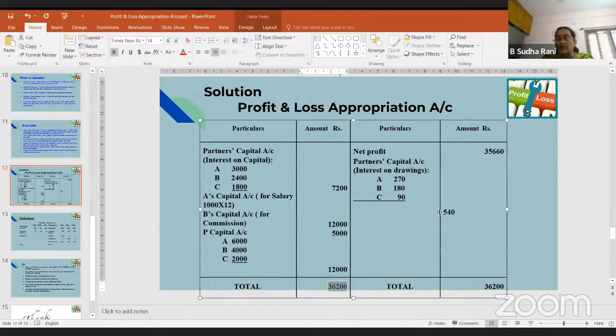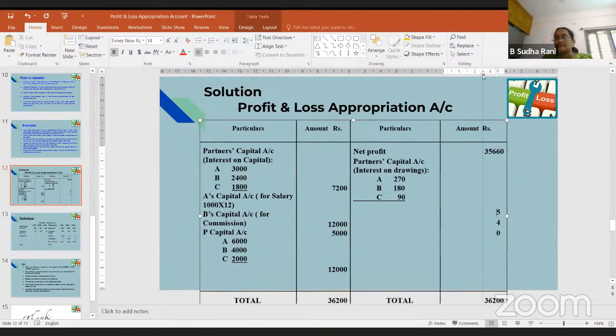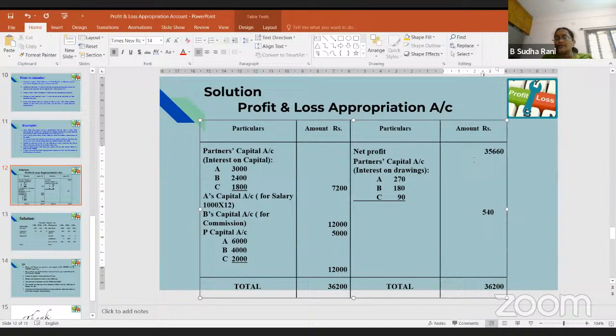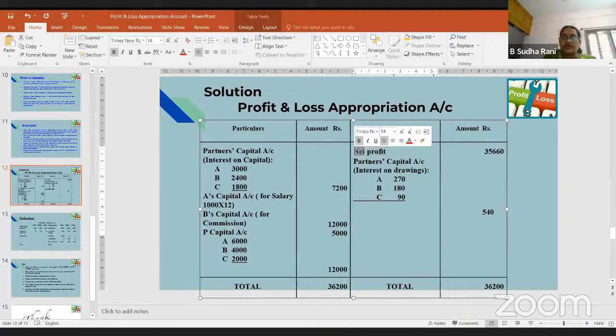And the opening balance of profit. What is this, net profit? Even for this, you are supposed to write profit and loss account, not net profit. From where are you taking this? From the profit and loss account.